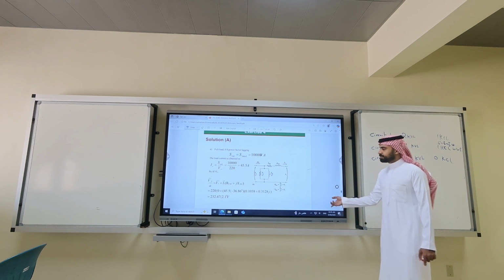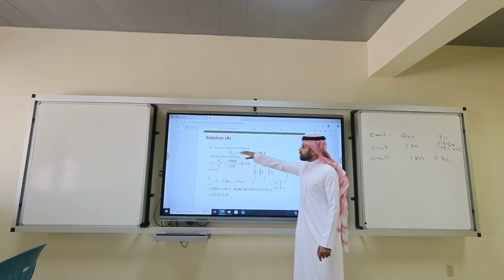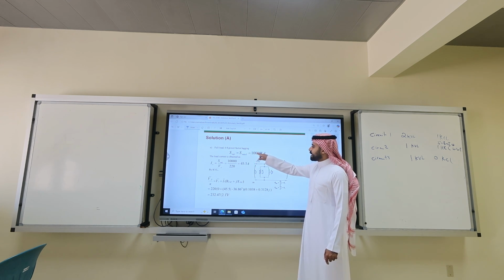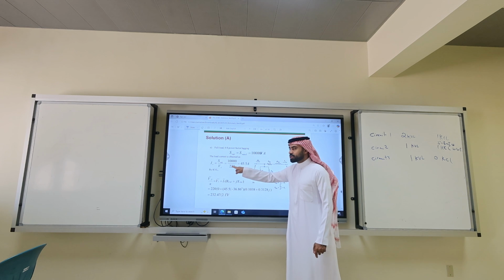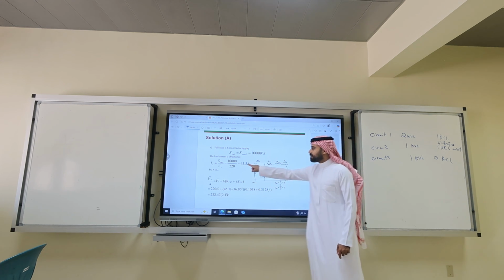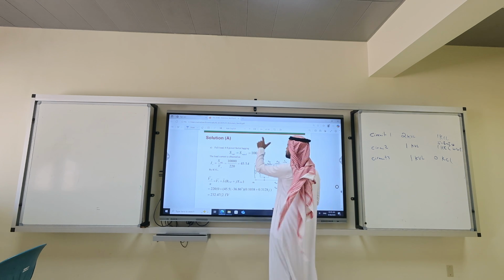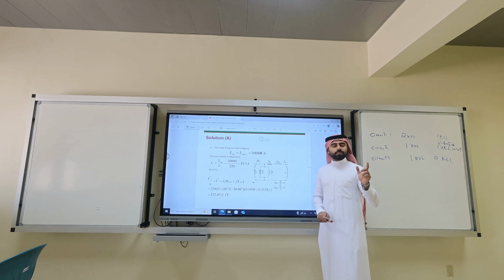Don't store energy. Now, what is S? 10 kVA. What is the current? 10,000 over 220. Refer to secondary. 45. What is theta? For part A, is it leading or lagging?